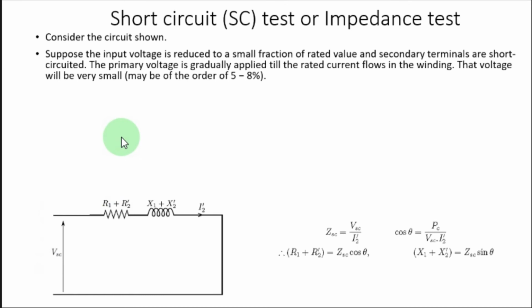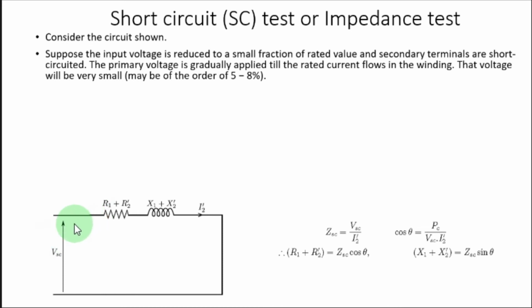Suppose the input voltage is reduced to a small fraction of the rated value, and the secondary terminals are short circuited. You apply a very small voltage here while the secondary side is short circuited. The primary voltage is gradually increased, till the rated current flows in the winding.